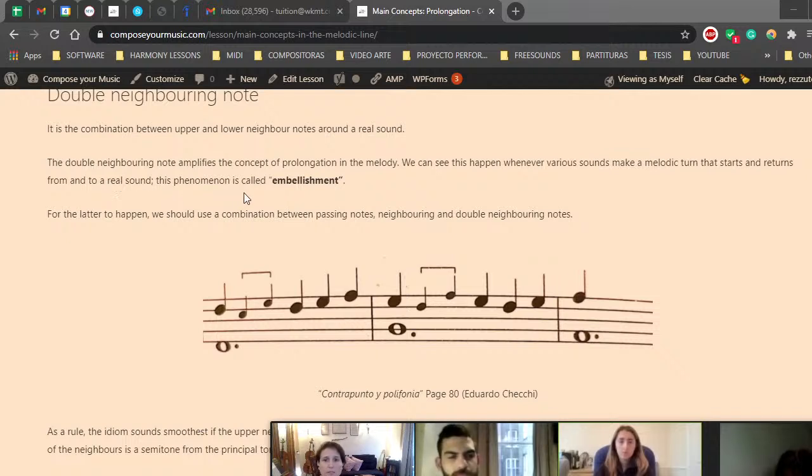This phenomenon is called embellishment. For it to happen, we should use a combination between passing notes, neighboring notes, and double neighboring notes. The embellishment is a combination; you cannot do it just with one resource.